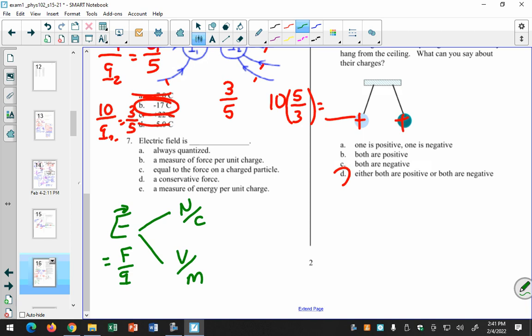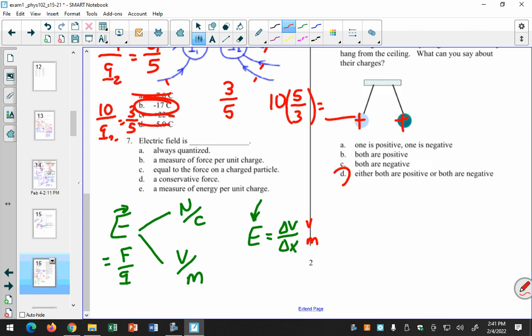If you forget that, remember that the electric field is equal to delta V over delta X. So the units for electric field can be in volts per meter. I might ask you that too.